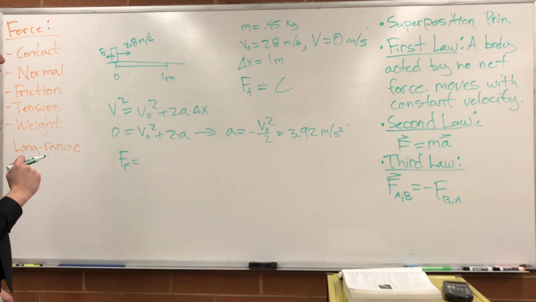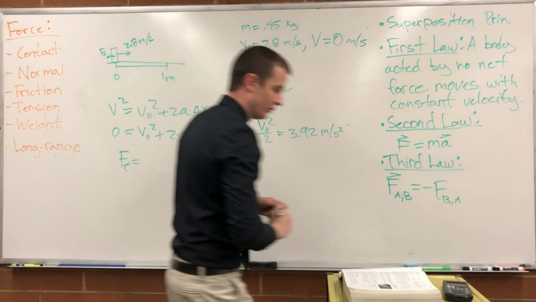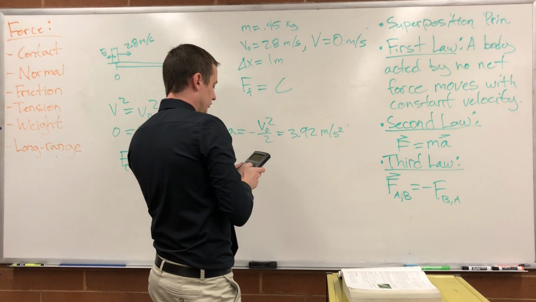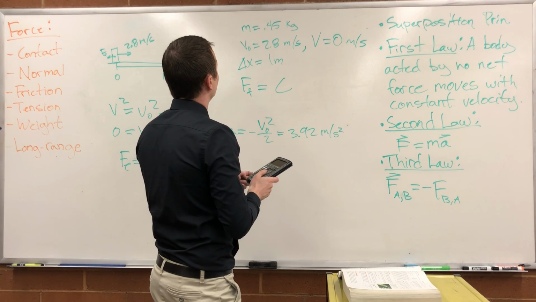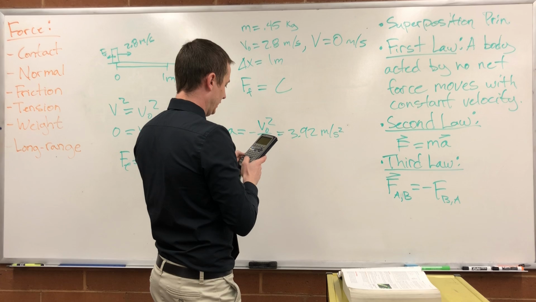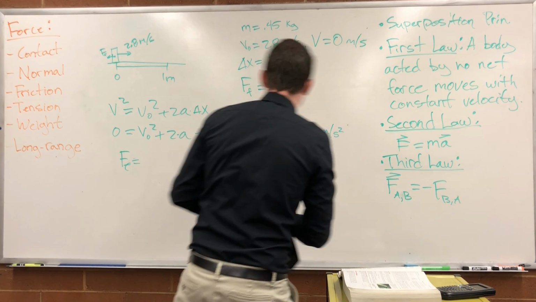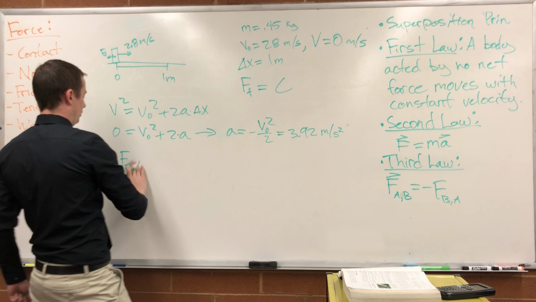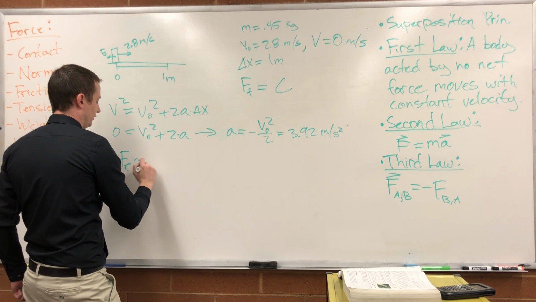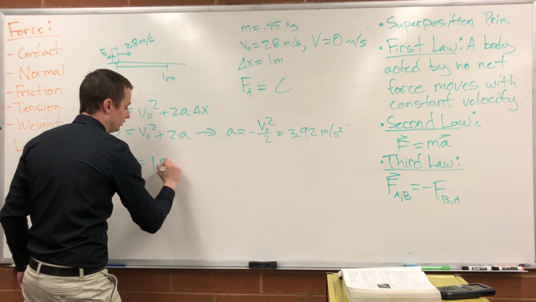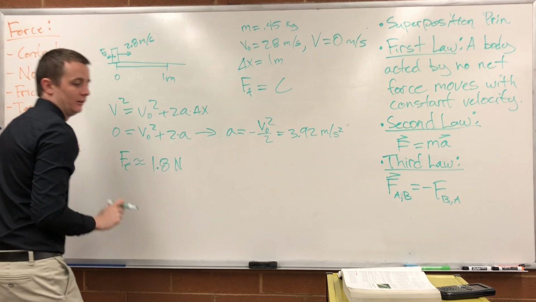Just multiply that by the mass, perfect. So we take that and we multiply it by 0.45 and we get 1.764, or since this is now our final answer, we now do our rounding to 1.8 newtons.